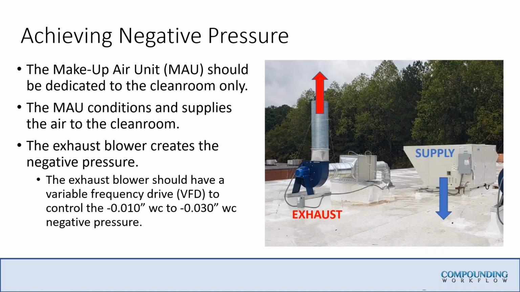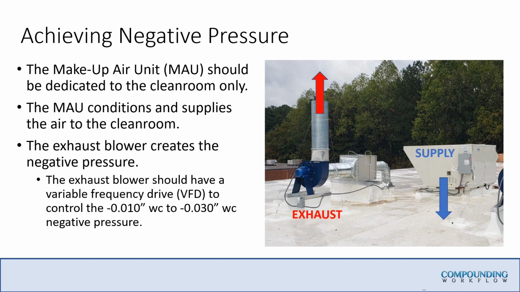Now, this is a perfect example of how we get air into the building and how we get air out of the building. The makeup air unit, which is this blue line, this blue word, this blue arrow, should be dedicated to the clean room or to the compounding areas specifically. I have a current client, and I do a lot of HVAC forensics work.